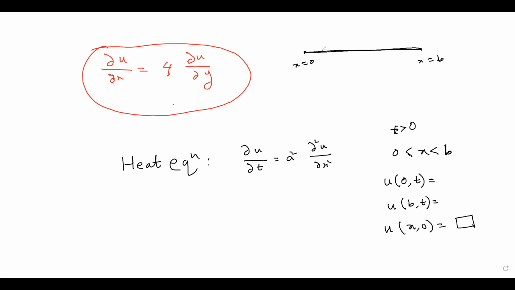You know the value of the heat energy at every point on the line or on the rod, and then you're applying a heat source somehow so that you are maintaining a certain heat level. Maybe that's variable, it may not be constant.